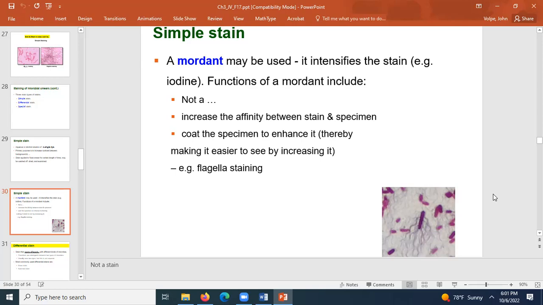That makes the colored portion of a molecule larger, and then it'll be more visible under the light microscope. So a mordant is not a simple stain. It just increases the primary stain's ability to stain the object. All right, any questions about mordants?